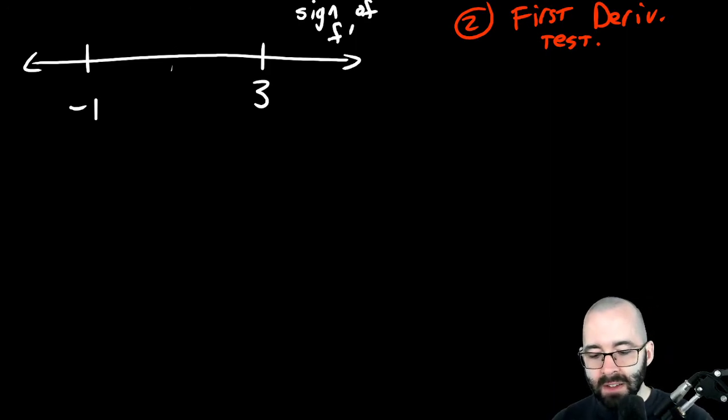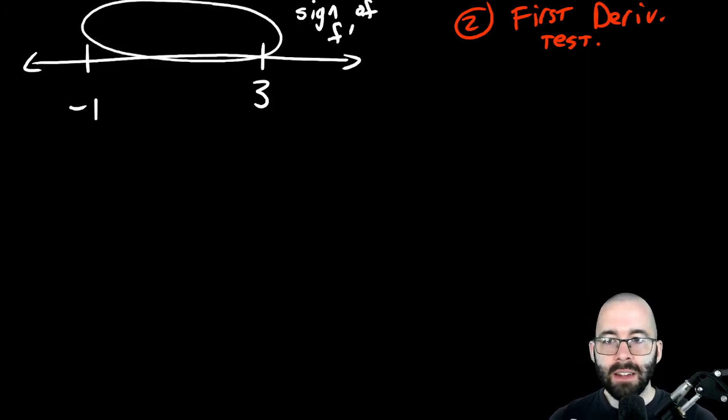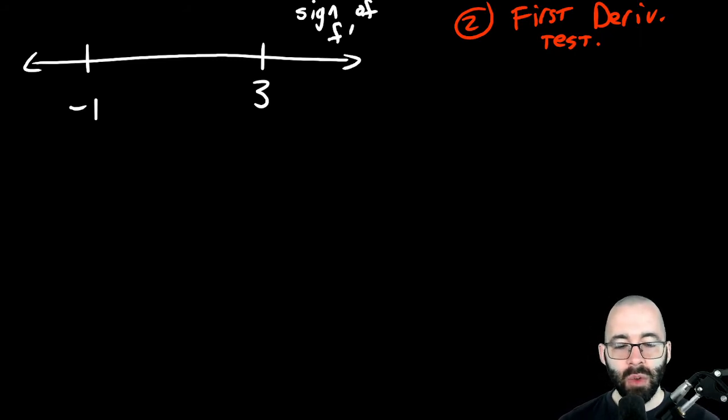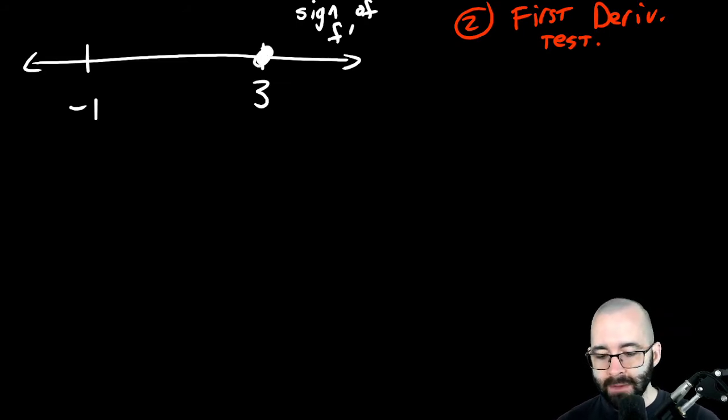So if we find the sign of the derivative here, that means the derivative has to be that same sign in this entire interval. Intermediate value theorem: since the derivative is continuous, the only time it can change signs is when it's 0, which is right here and right here. Okay, so we're just going to look at some signs.